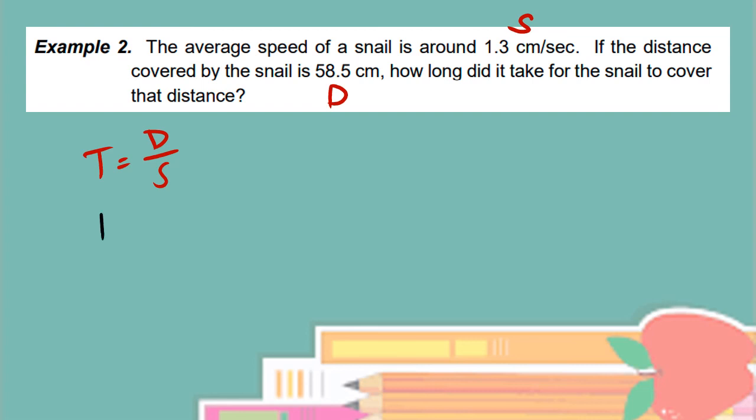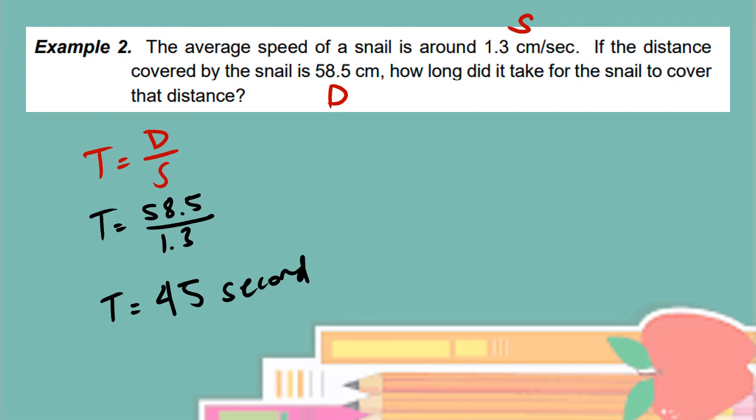So applying the formula, distance is 58.5 divided by 1.3. That is 45. Yes, 45 seconds. Ayun yung unit. See?